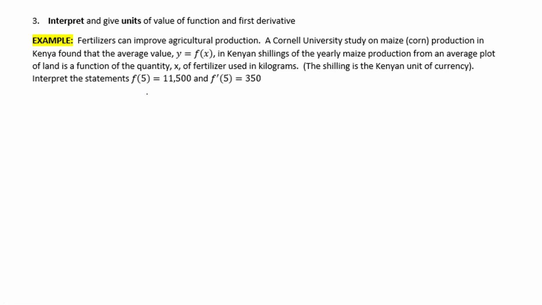So the value, notice it said y equals f of x, where x is fertilizer. So this is my f of x. This would be kilograms. And then this equals the average shillings.